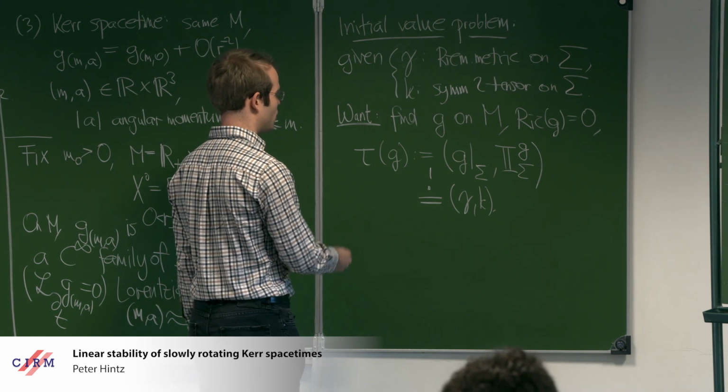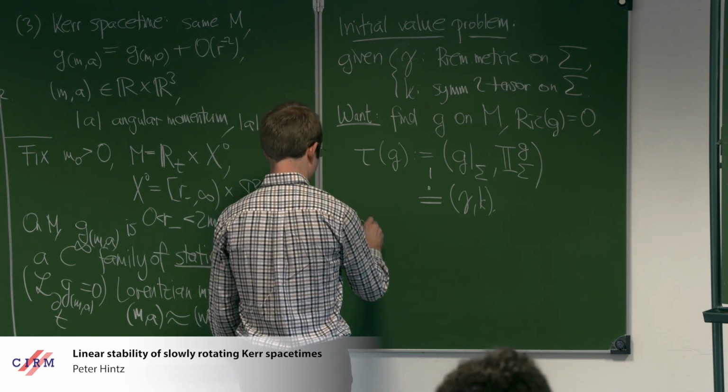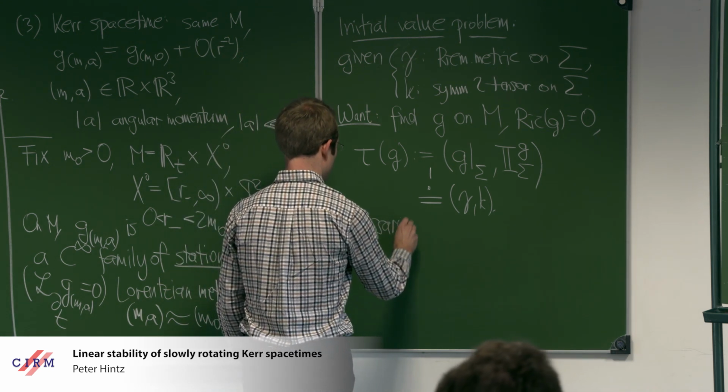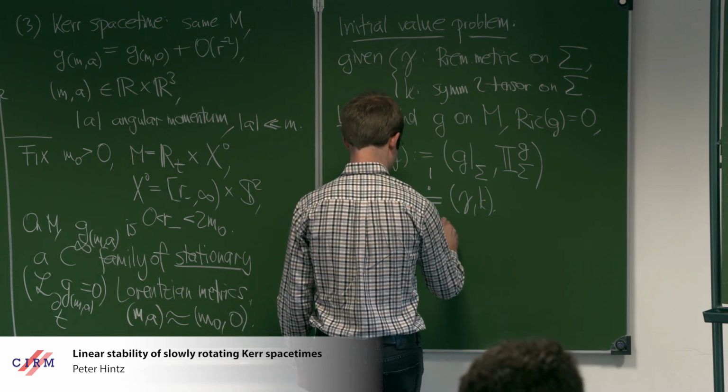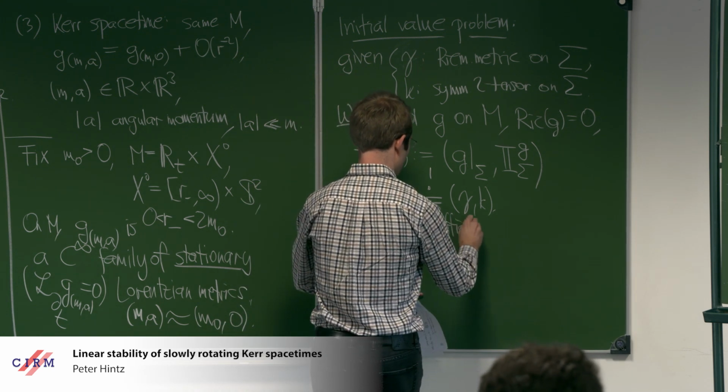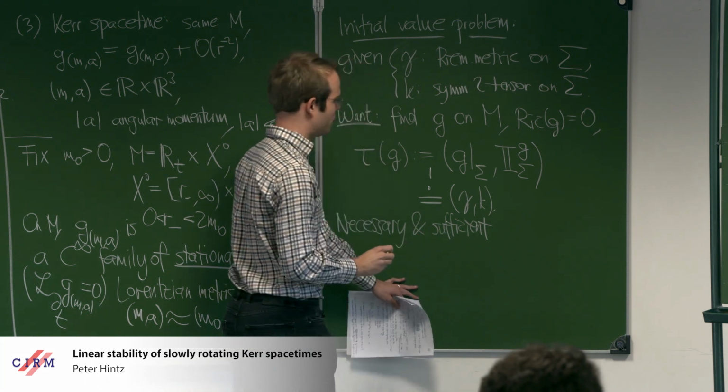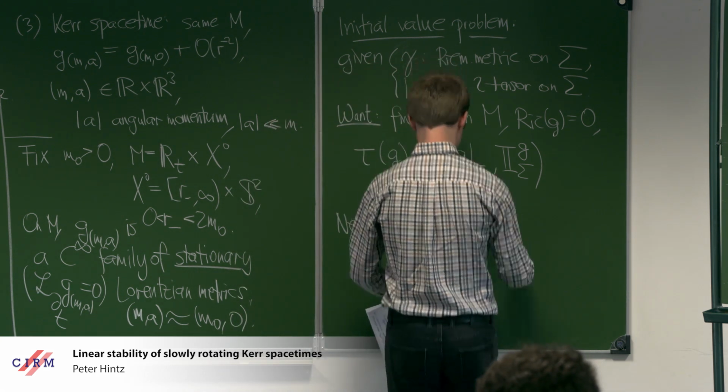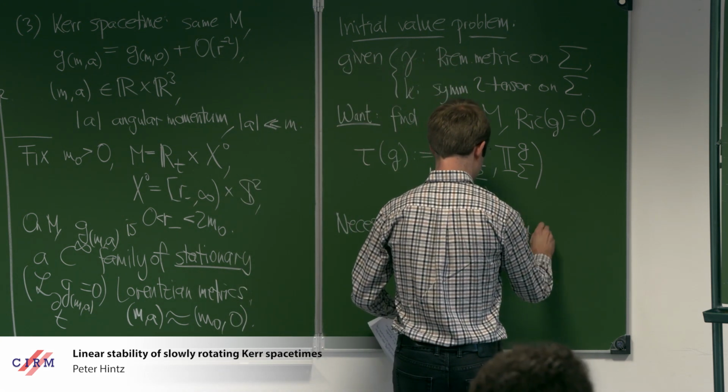It's been long known by Choquet-Bruhat that a necessary and sufficient condition for the at least local solvability of this initial value problem near sigma are what's called the constraint equations.